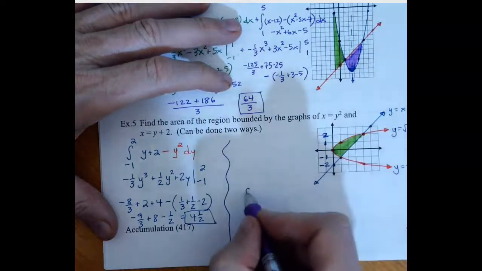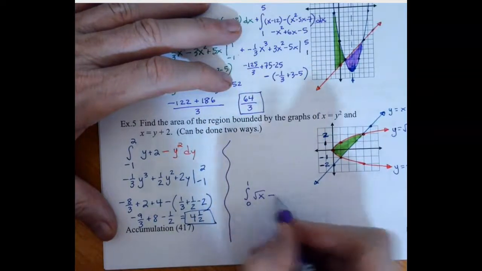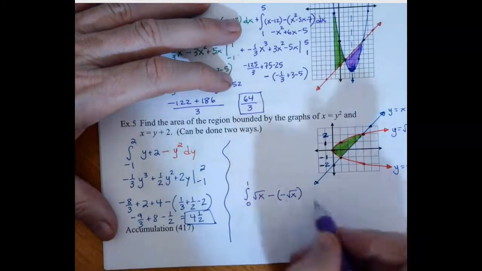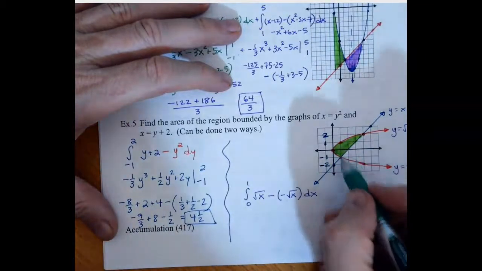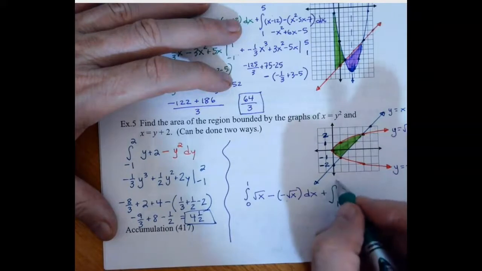So this one would be from 0 to 1, we have the square root of x, the top, minus the bottom.